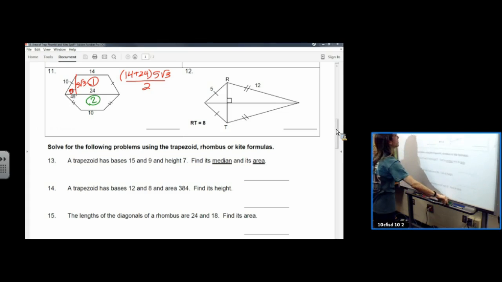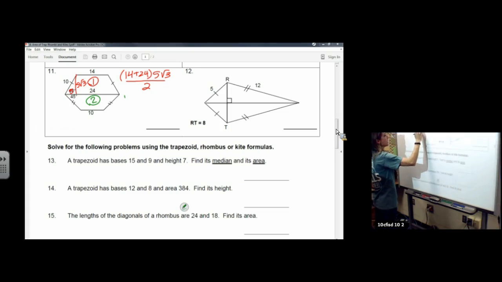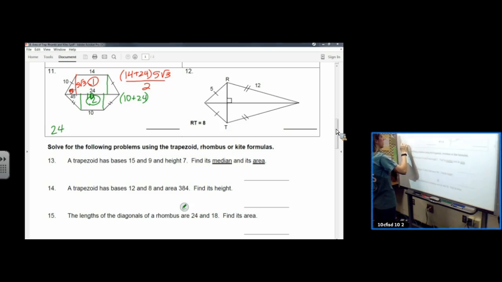All right, number 2. Base 1 plus base 2 times, let's see, this one we have to get a little bit creative here. If this is 10, 24, we've used up 10.